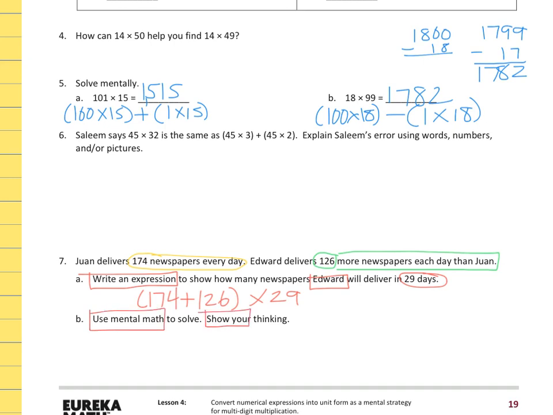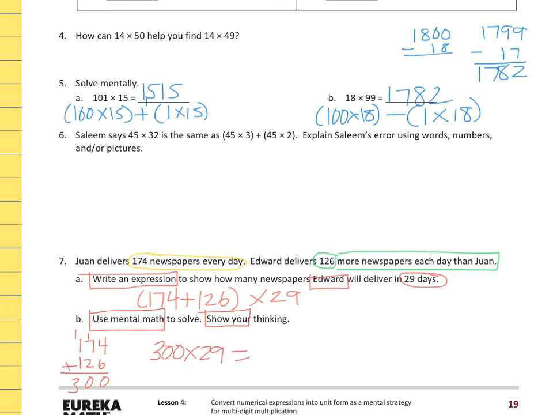All right, so let's quickly figure out what 174 plus 126 is. 174 plus 126, that looks like 6 plus 4 is 10, and then 7 plus 2 is 9, plus 1 more is 10, and then 3. So we have 300. So we have 300 times 29.